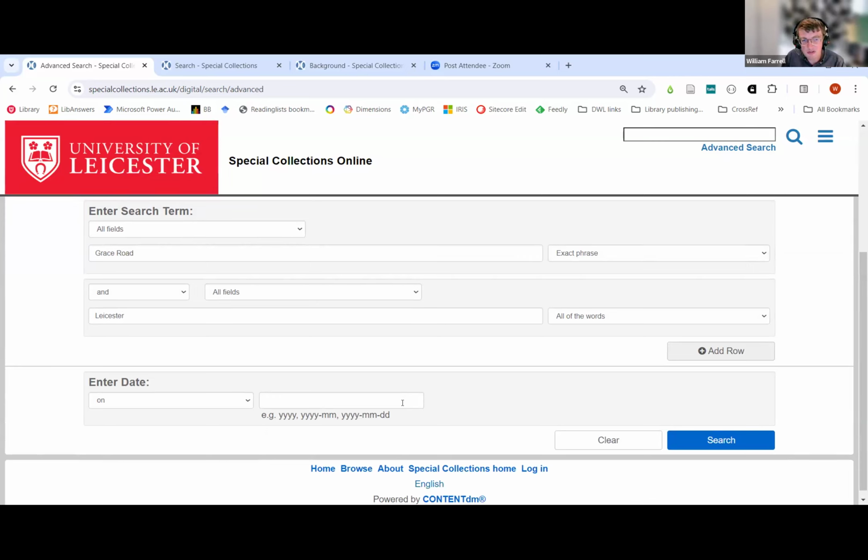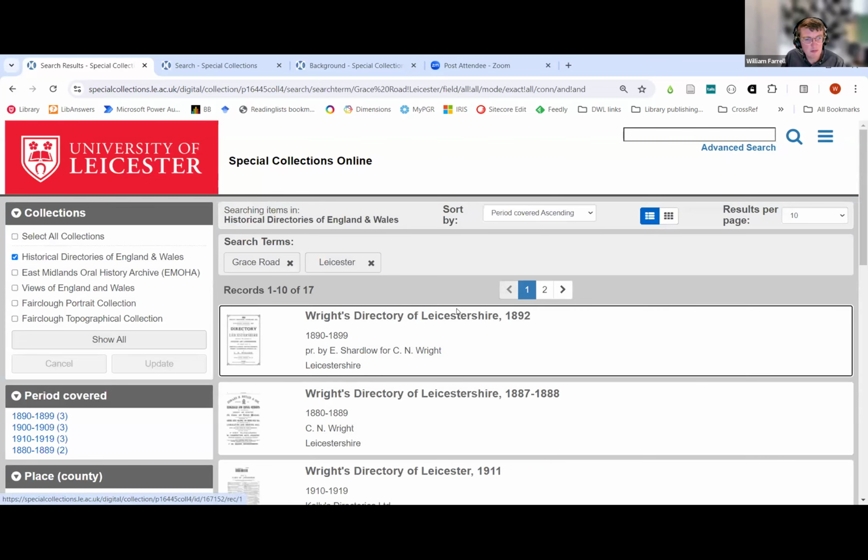So there are two ways of doing it, and you might want to try both, particularly if you think there should be more information about a street or you haven't found it at all. So sometimes add the city or the town here, or filter by the place later on. And so we'll just go to the first result.